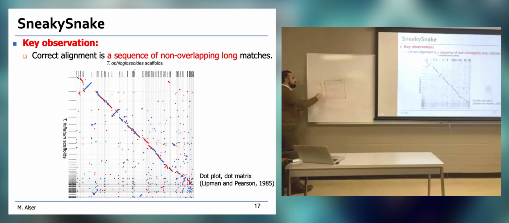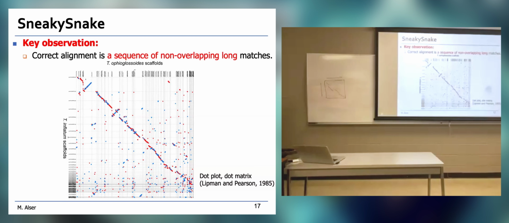We have one sequence over here, another sequence over there, and then we identify all the matches, right? For example, there's a match here over the main diagonal, and then some insertion or deletion happens, and the matches detour to another diagonal. And then another match over the other diagonal, and so on.